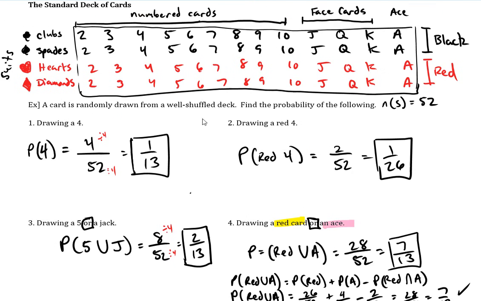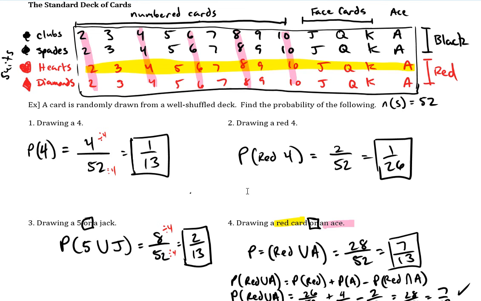Anyway, so I want the heart or even. My hearts, I've got 13 of those. So I'm highlighting it. And then my even numbered cards: even are these four, these four, these four, these four, and these four.